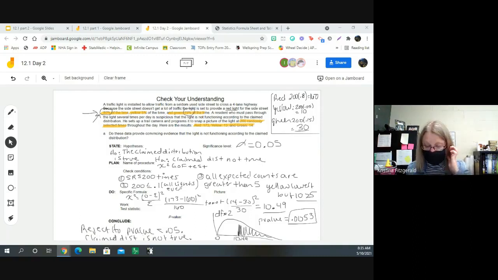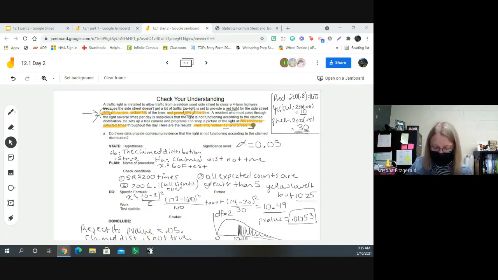So what we would want to look at is which light is off by the most. Which category is throwing things off the most. If I'm eyeballing this, yellow was off by 3, so it's not going to be yellow. Red was off by 13, and green was off by 16.